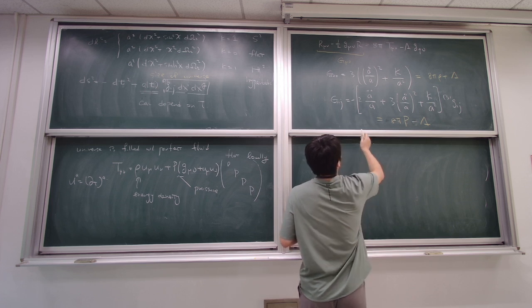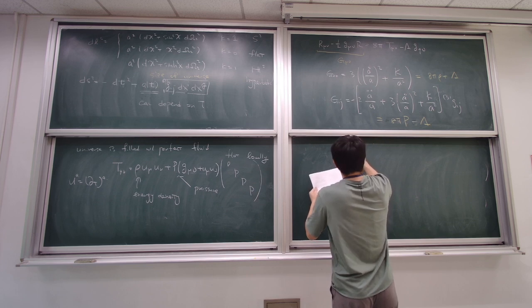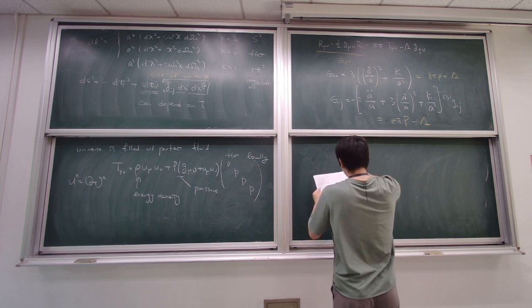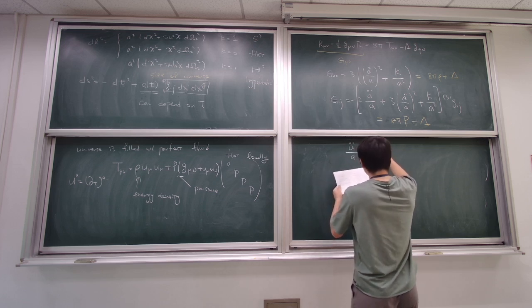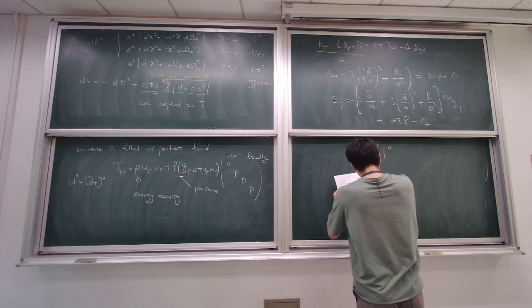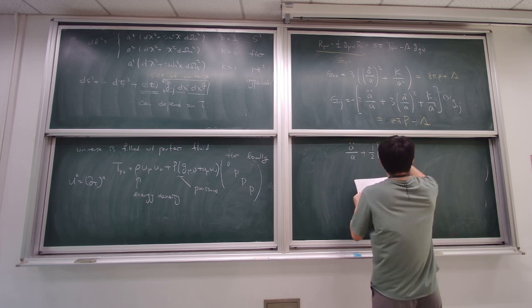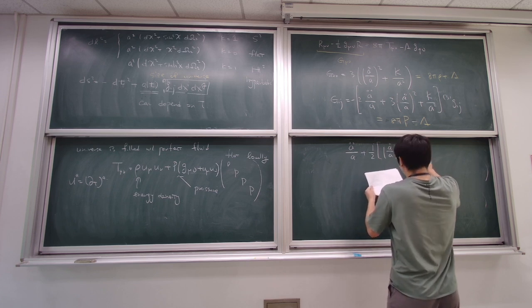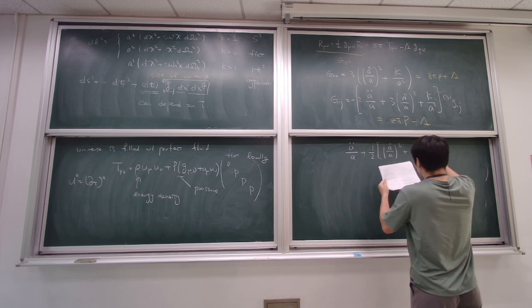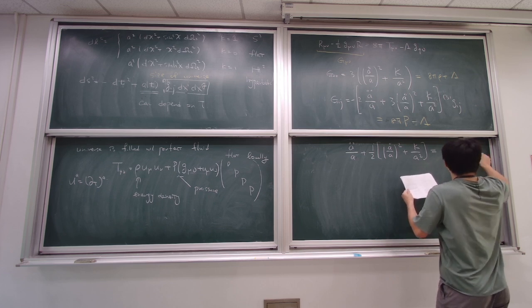So what you get is that the second equation becomes something like this. In my lecture note, is it correct? This should be okay: k over a squared is equal to minus 4 pi p plus lambda.